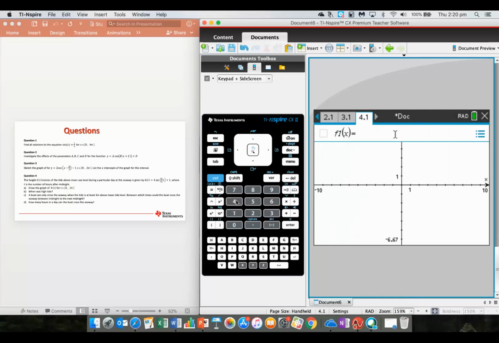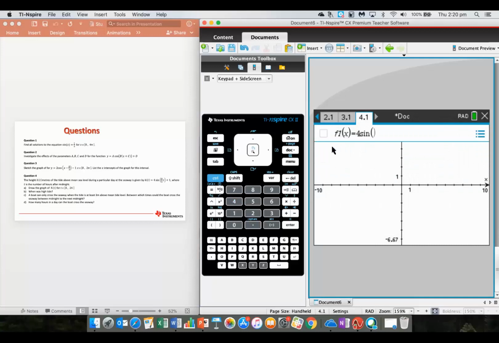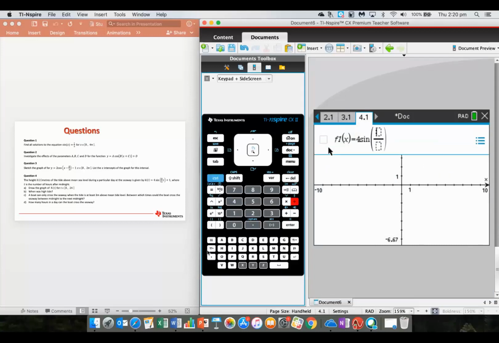My graph is 4 sine(pi on 6 t), so again control divide, pi down arrow 6. Now I'm not using t, I'm using the variable x, so let's put x there, plus 1.